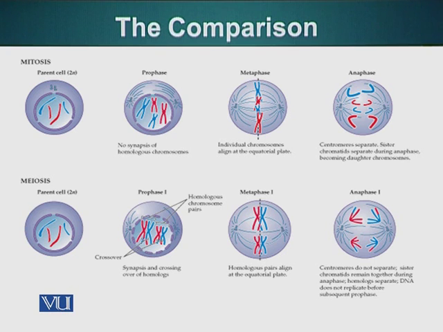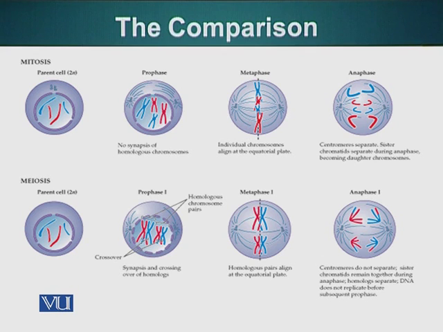The parent cell is 2n. At prophase of both these processes, mitosis and meiosis, the chromosomes have condensed and the centrosomes have divided. However, the big difference here is that there is synapsis in meiosis but not in mitosis.